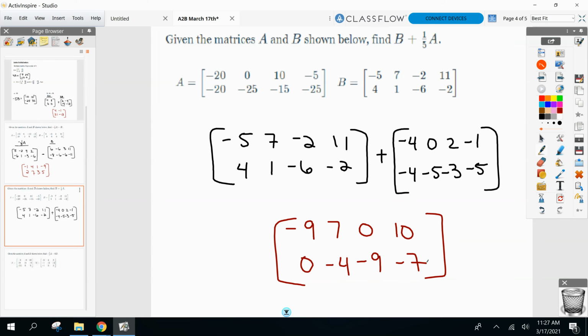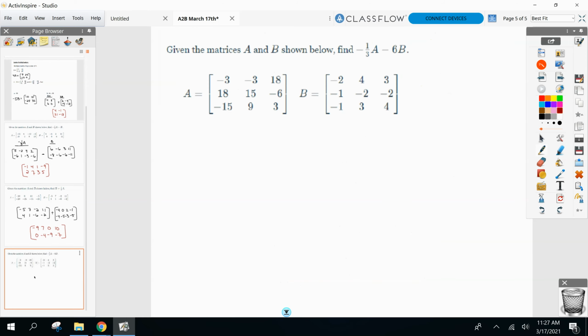All right. Here's why this last one is tricky. It says negative 1/3 A minus 6B. All right, the negative 1/3 times matrix A, not a big deal. Go ahead, guys.